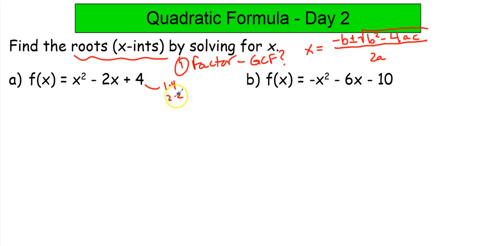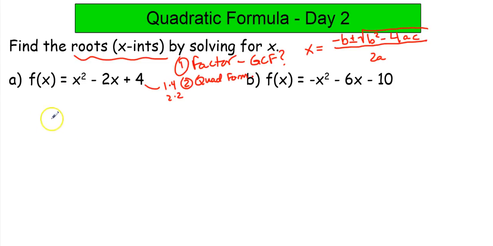And we need one of these combinations to give us a difference of 2, or -2 specifically. If you look at these combinations, depending on the sign, I could get a 3 or a 5 out of this one. That doesn't help us. And this one could either give me a 0 or a 4. So neither one of these are going to work. This is not factorable. So because it's not factorable, we're going to use the quadratic formula.